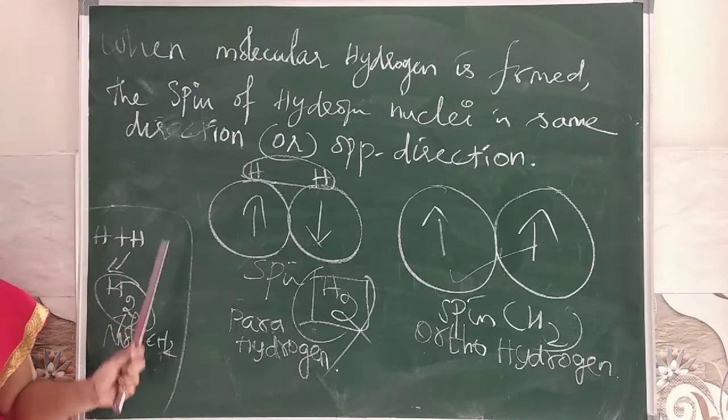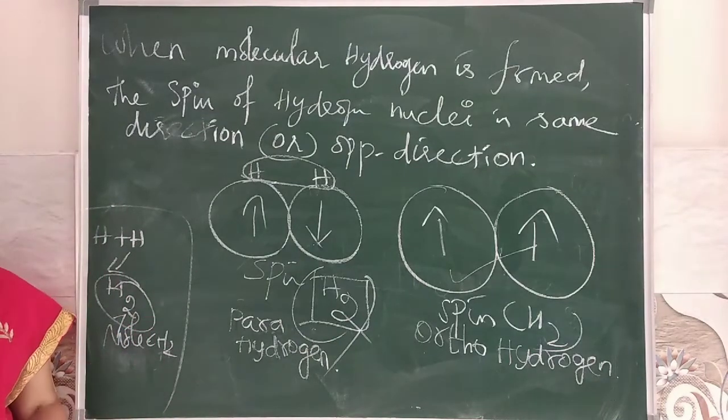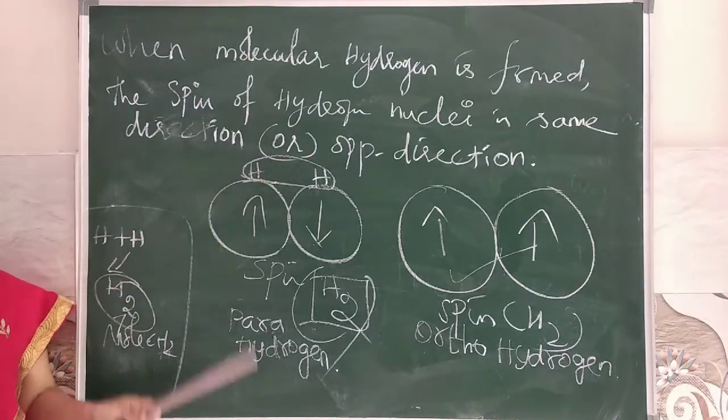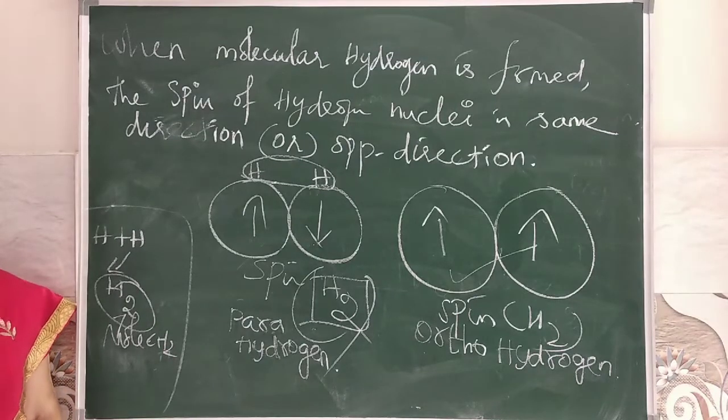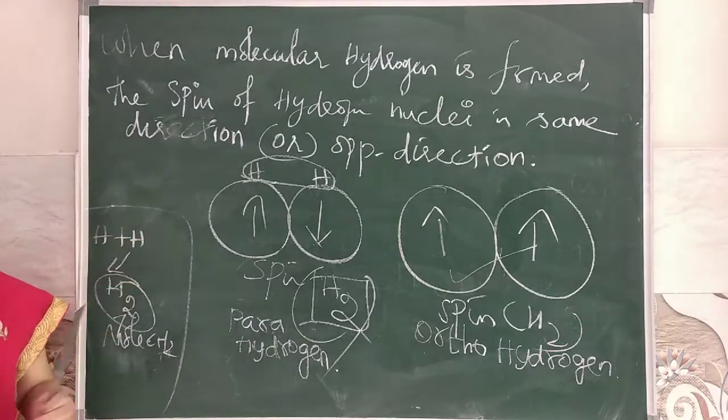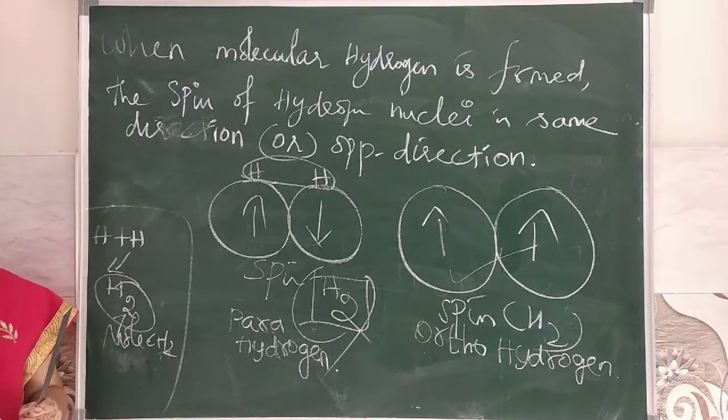So how can hydrogen be classified into ortho and para? Depending upon the spin of the hydrogen nuclei, hydrogen can be classified into two: one is orthohydrogen and another one is parahydrogen. If the hydrogen nuclei spin in the same direction, it is called orthohydrogen.